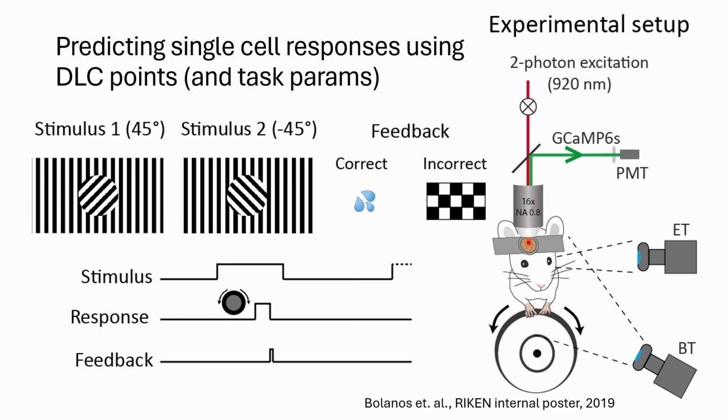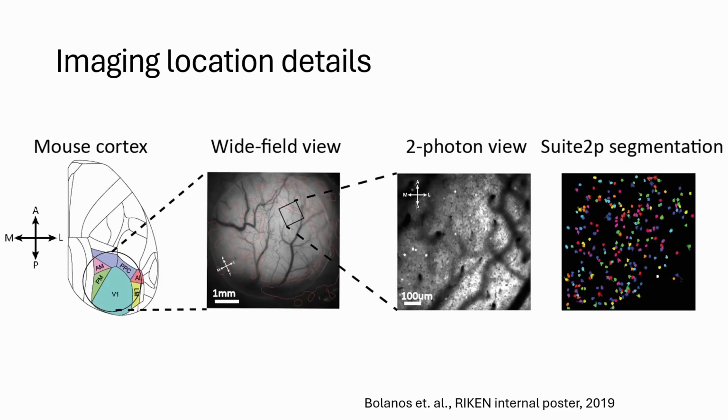At the same time, I am recording the eye as well as the body of the mouse. And also at the same time, I'm doing 2-photon imaging of the visual cortex of this mouse. Here we have one hemisphere of the mouse, and here we have the visual areas. This is what it looks like at the wide field level. It's very hard to see here, I'm sorry, but there's the outline of different brain areas.